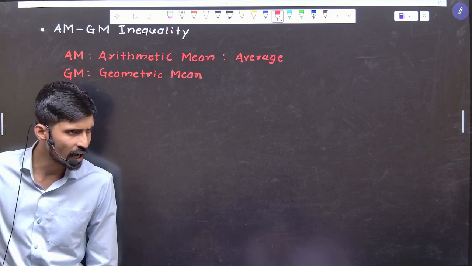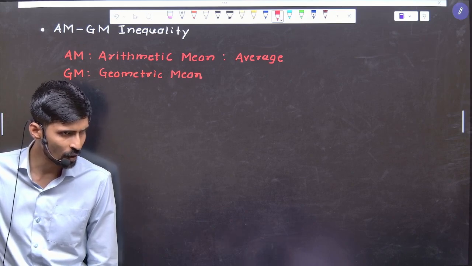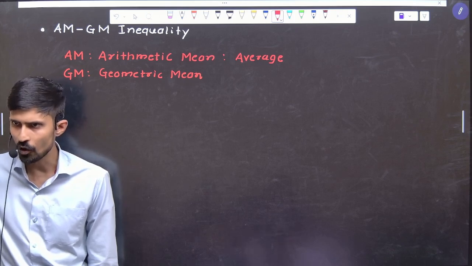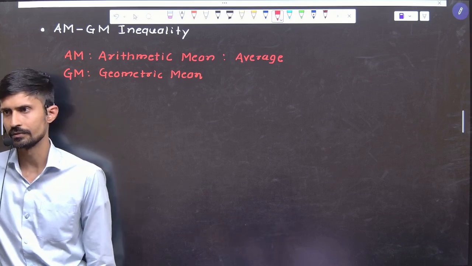Arithmetic mean comes from arithmetic progression, AP. Geometric mean comes from geometric progression.